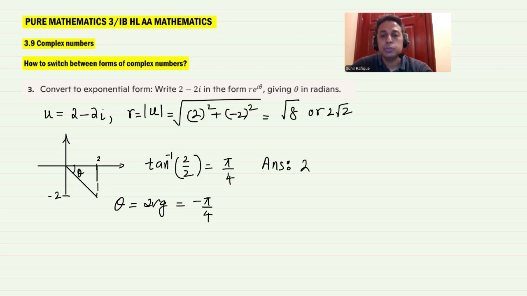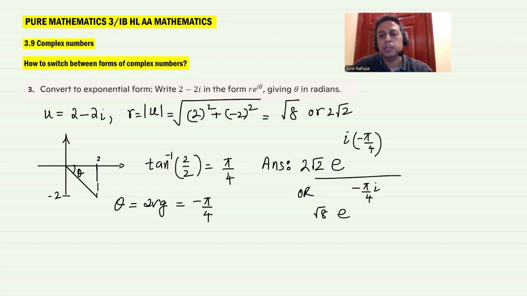You can write 2 root 2 e to the power i times negative pi over 4. If you don't want to write it in bracket form, I'm just giving different variations to the same answer, you can write root 8 e to the power negative pi over 4 i, right?